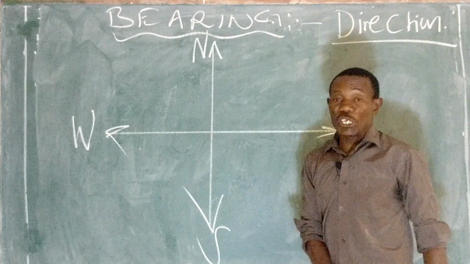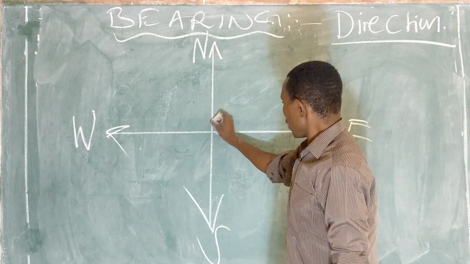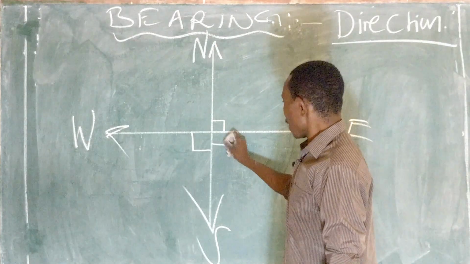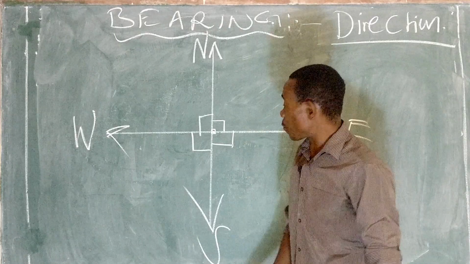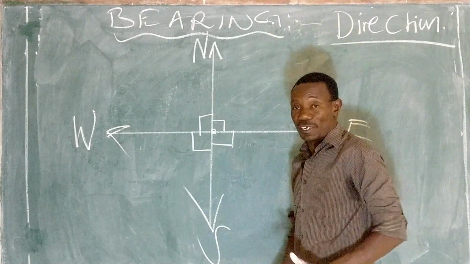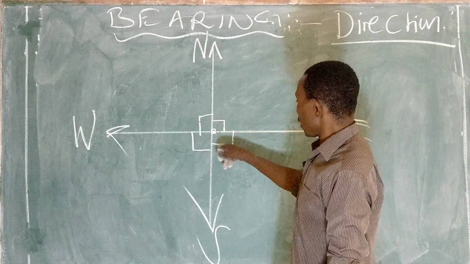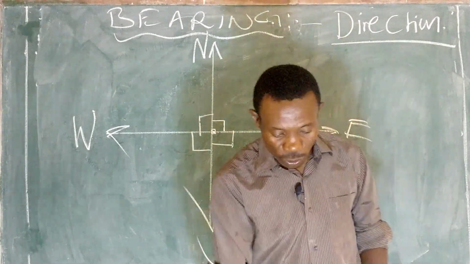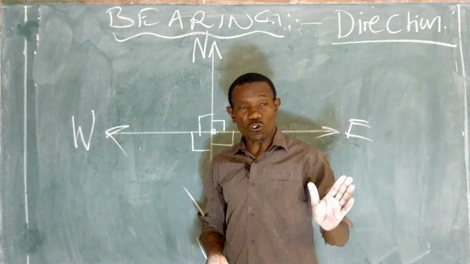The two lines usually intersect at a right angle. Here is 90, here is 90, again here is 90. So in normal circumstances, if we find the total sum of the angles at which these two lines intersect, you'd expect four right angles, 90, 90, 90, 90, and that gives you 360 degrees.